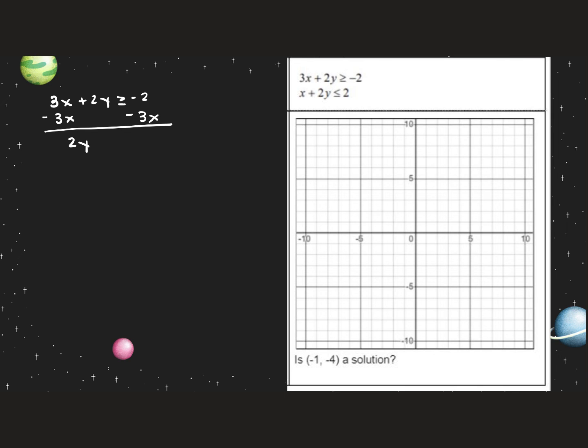And I get 2y is greater than -3x minus 2. Divide both sides by 2. So I get y is greater than or equal to -2/3 x minus 1. So that's going to be my first equation. And I'm going to plot that in red.